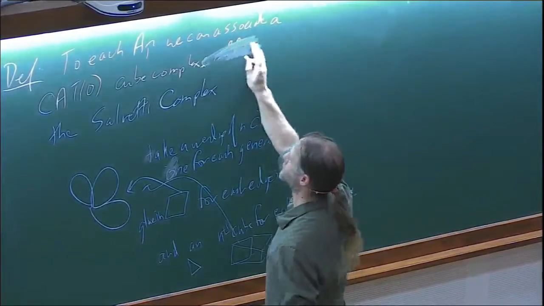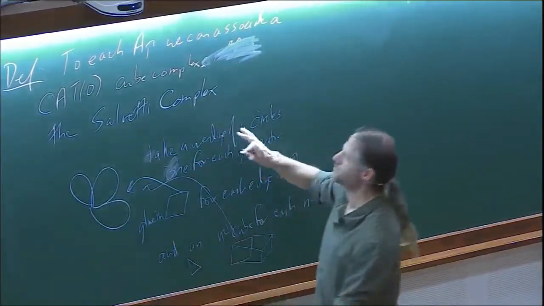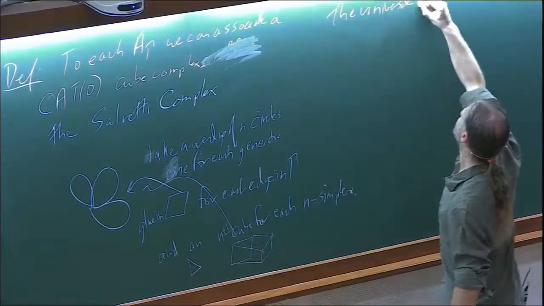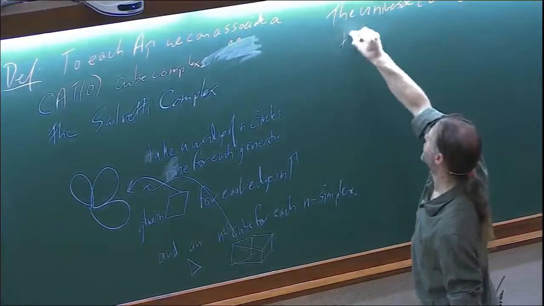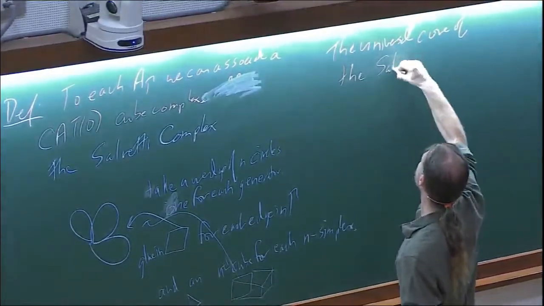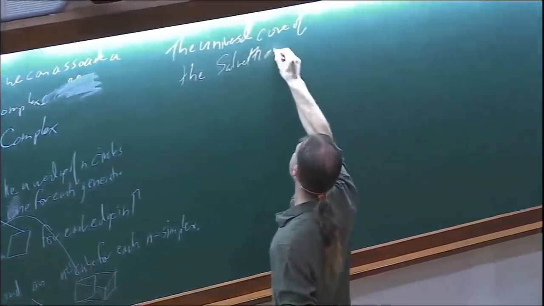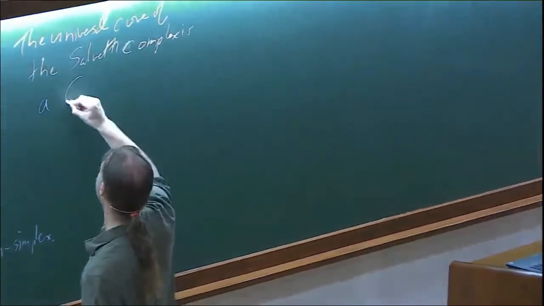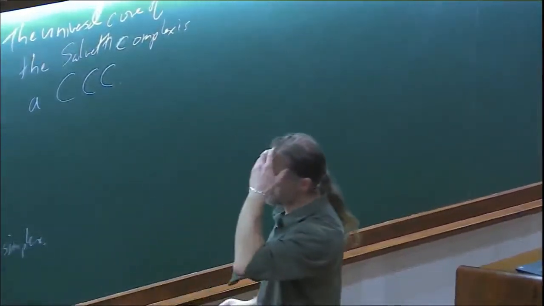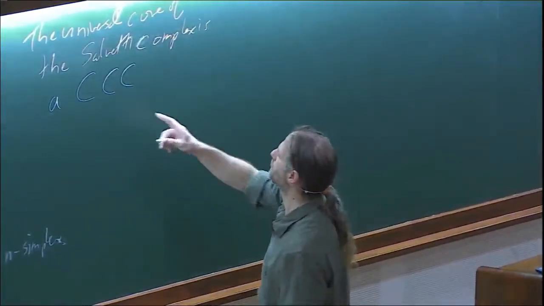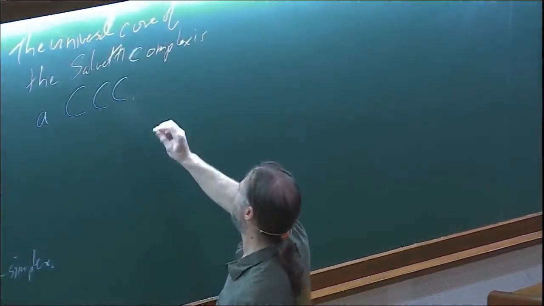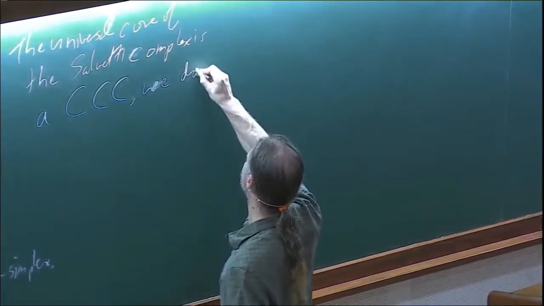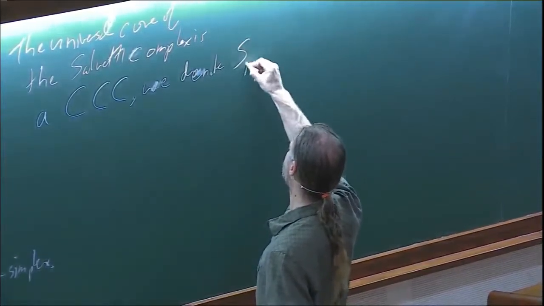The universal cover of the Salvetti complex is a CAT(0) cube complex, which I'll just call S sub gamma.